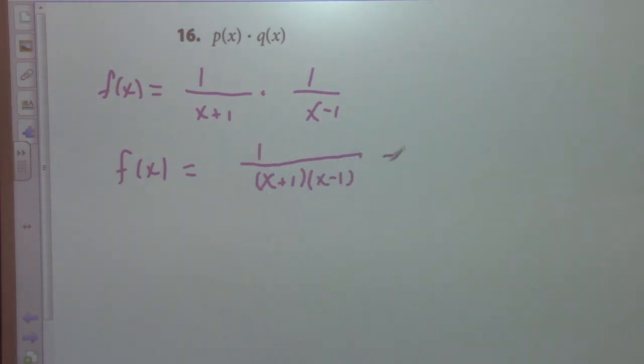So that's going to be it. If you want to get cute, like Jay was being cute, you have x squared minus 1, right? So that's it. That's it? Oh, okay. That was it. Okay, and then number 17.